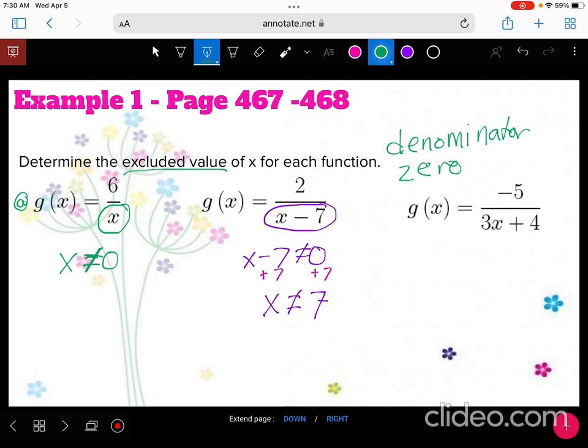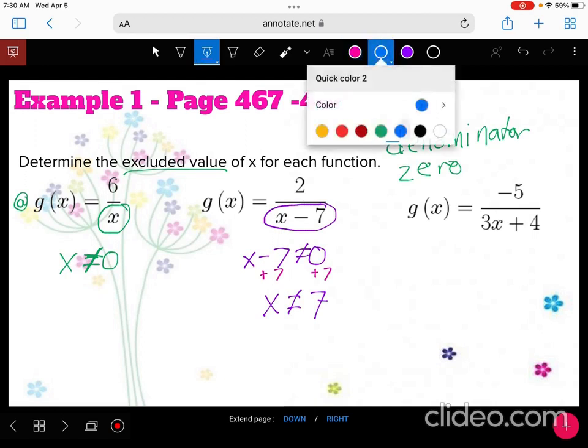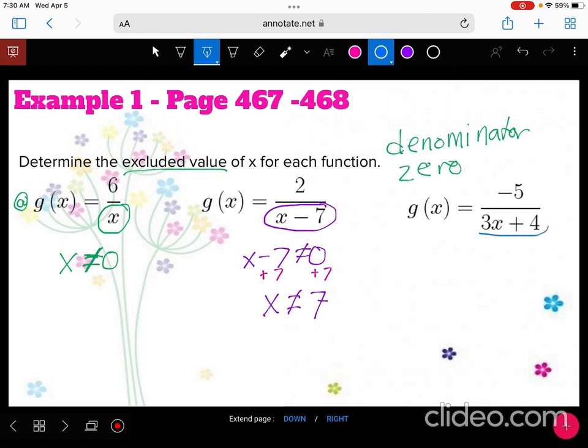Let's do one more of these, because they're going to come back into play. We'll see these a gazillion times. I want to know when this denominator equals 0. And if the equals sign with the slash bothers you, you can set it up as an equals sign. Just remember your meaning.